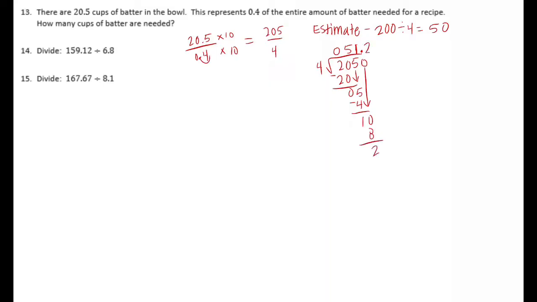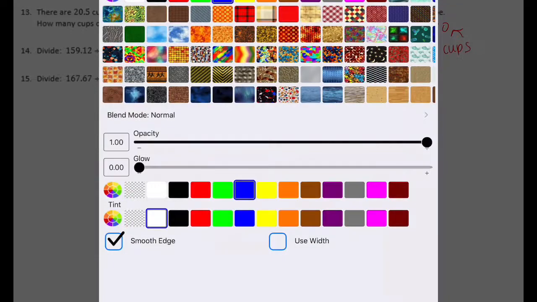We still have a remainder, so I'm going to keep going. 4 goes into 20 5 times. So finally no remainder, so we get 51 and 25/100 cups of batter that are needed, which is actually very close to my estimate of 50. Okay, number 14.